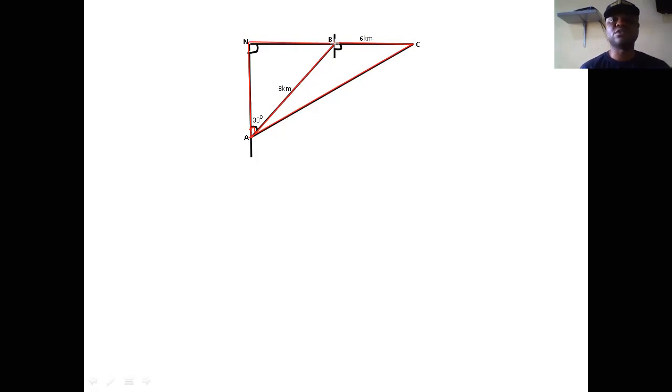So you are going to know the distance from A to C, which is AC. And then you are going to know his distance north of A, that is NC, and then AN. That is what we are going to calculate.